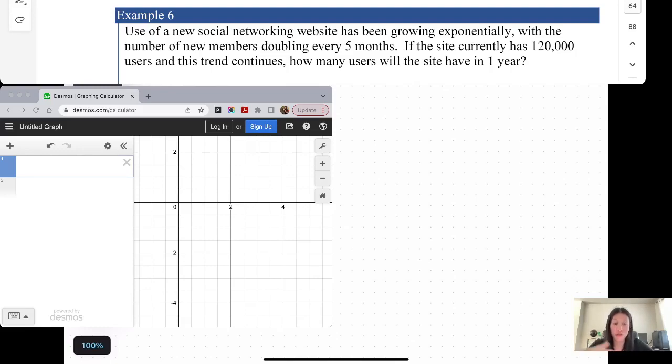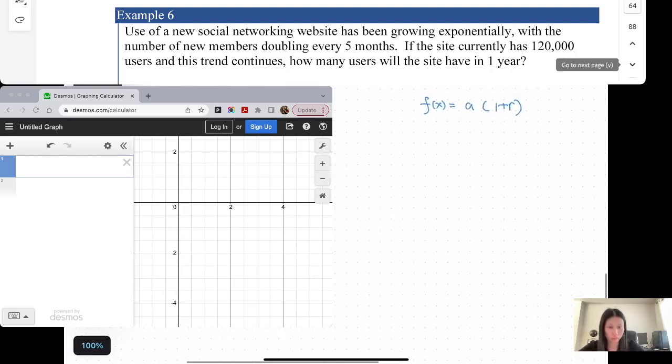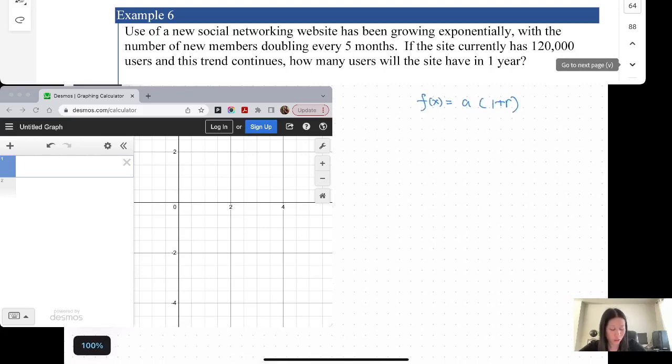First, we need to find out the rate. Well, I know that it takes 5 months to double. The growth function should be f(x), the output, equals a times 1 plus r to the t, where 1 plus r is growth, so that's why it's 1 plus r. And we know it takes 5 months to double.